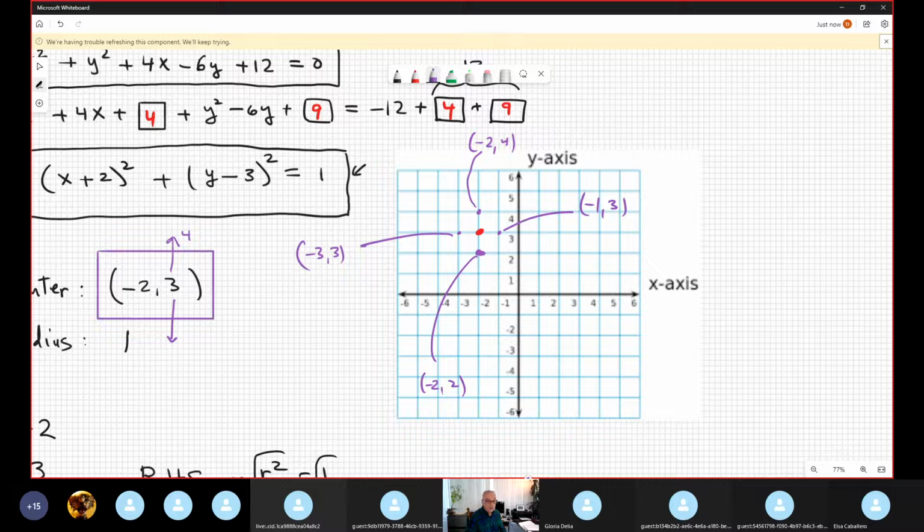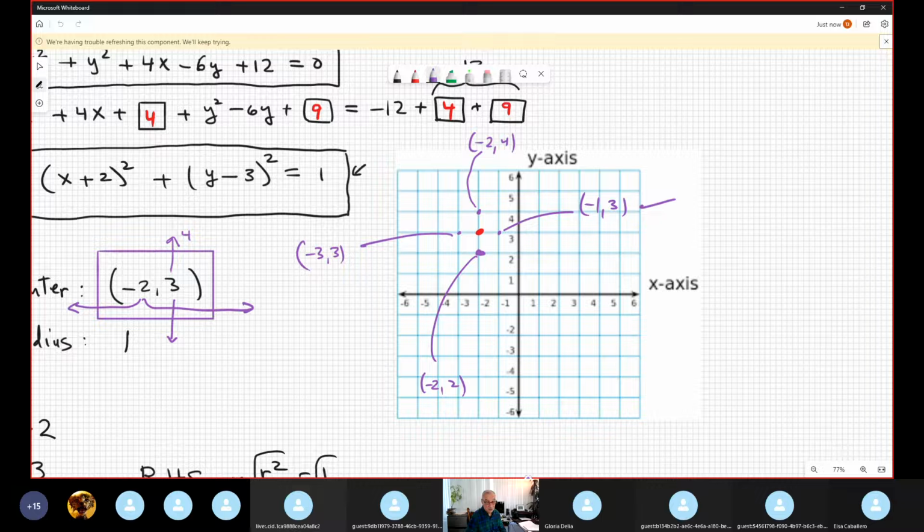When you try to find the motion horizontally, when you move to the right, you increase the x component by 1. So minus 2 plus 1 is negative 1. It's this point, look. And when you move to the left, you decrease: minus 2 minus 1 is minus 3. Make sense?